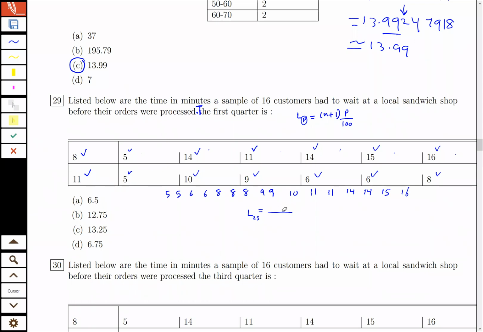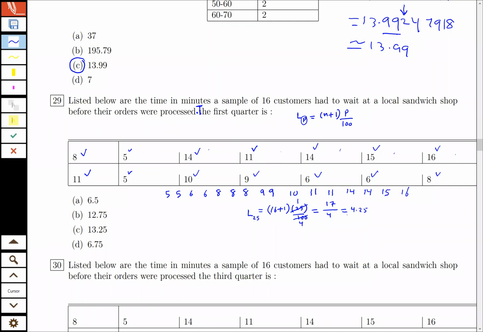So it will be 16 plus 1 times 25 over 100. That's actually 17 over 4, and 17 divided by 4 will be equal to 4.25. What does that mean? That means your first quarter location is 4.25.